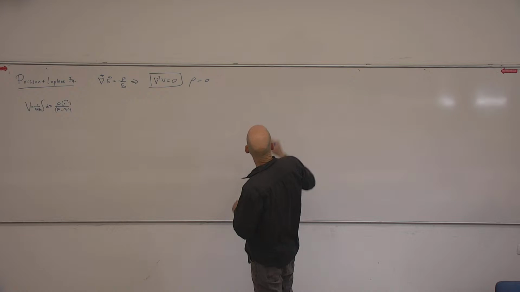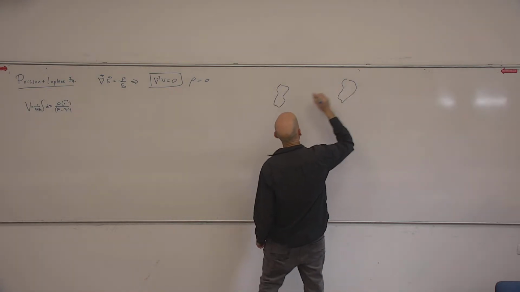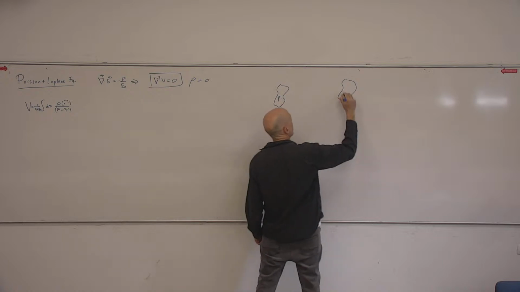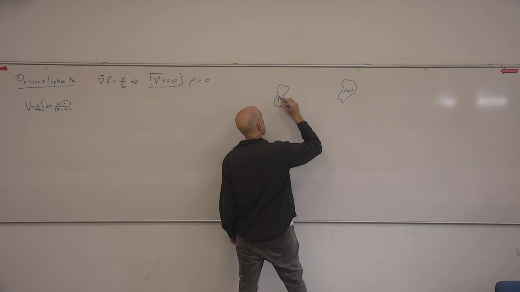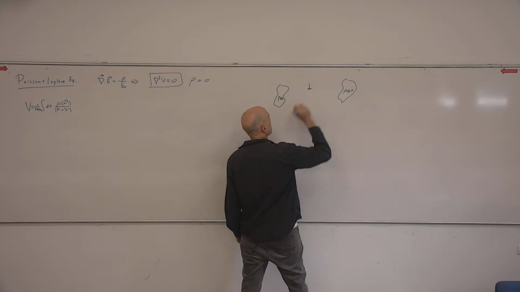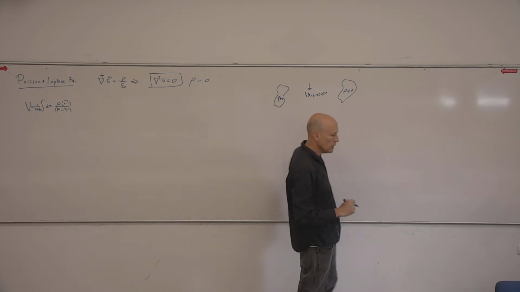Okay, so let me clarify myself a bit better. What I'm thinking about: I have some places where rho is not equal to 0, let's say here and here. But I'm looking at a place here, and I'm asking what is V(x, y, z) at this point. x, y, z are some coordinates.